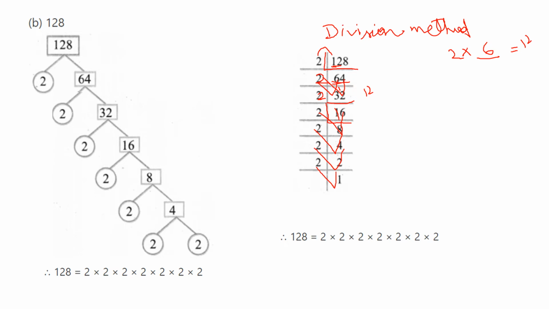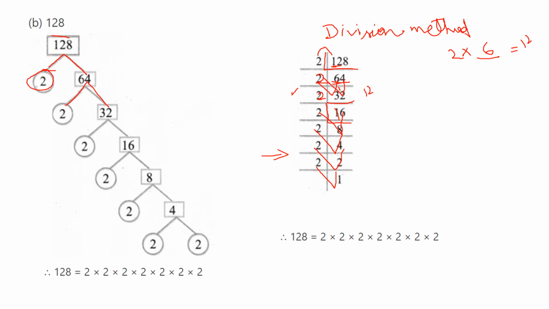With the help of the division method, we can draw the factor tree. Here you see first 128 in a rectangle. Next 2 into 64 is there. So 2 put in a circle. So 2 into 64, 128. Again 2 into 32.